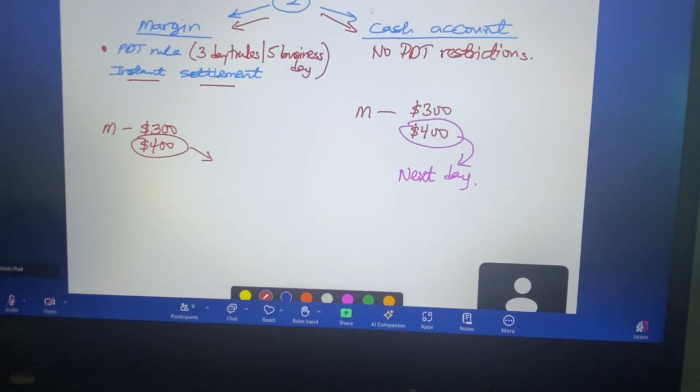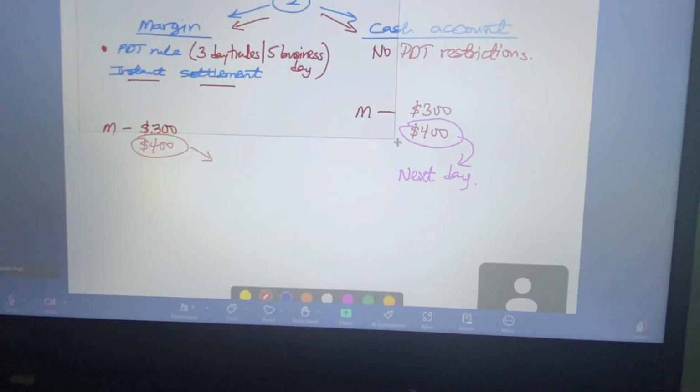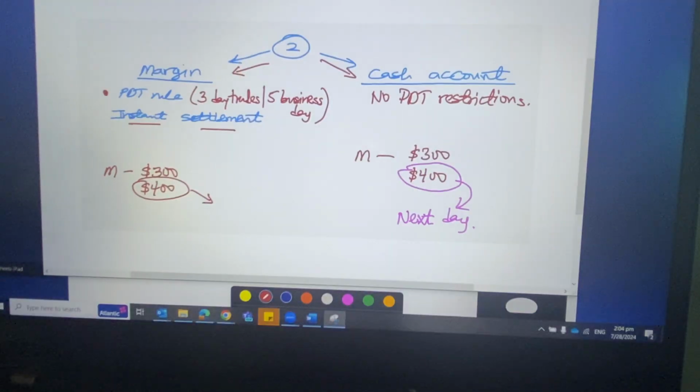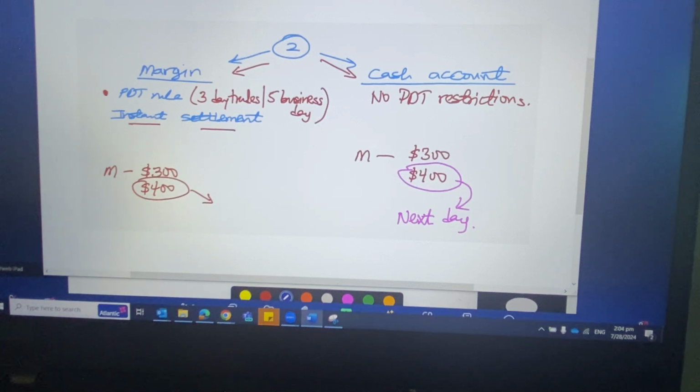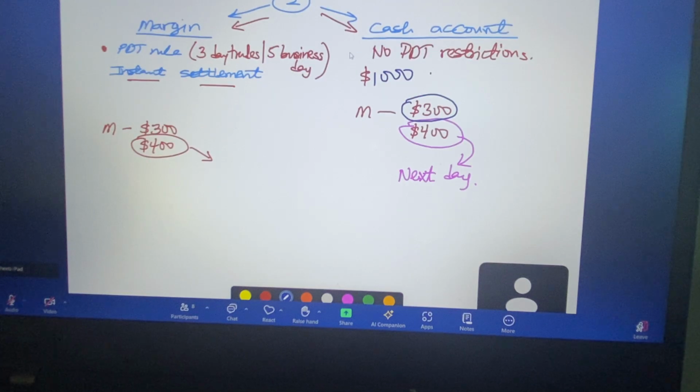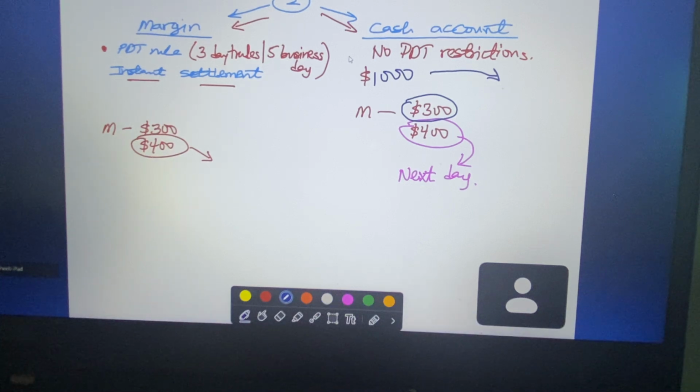You can trade as much as you want until you hit your account balance. So if you are trading with $1,000 here, and you just traded with 300, guess what? You still have $700 to trade that day. So you can trade again with 200 out of it. And this means you can still trade with 500.